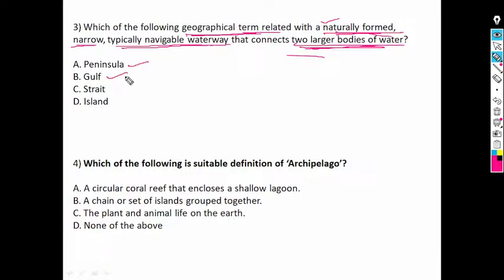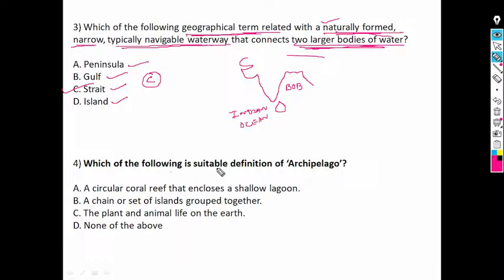Peninsula, Gulf, Strait and Island. This is your Bay of Bengal and this is your Indian Ocean. So the answer is what connects them, it is the sea, that is Strait.